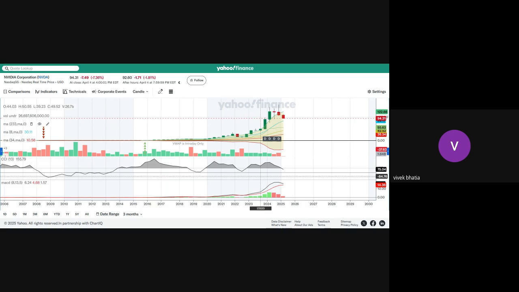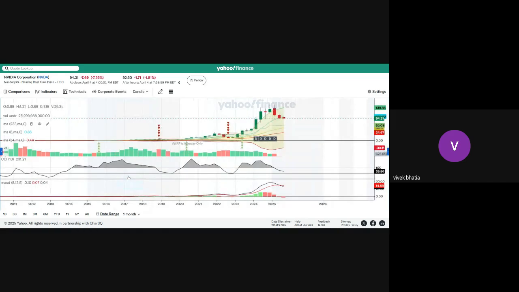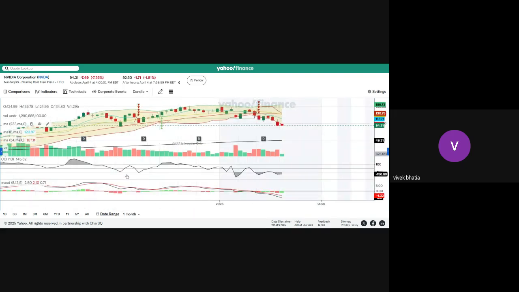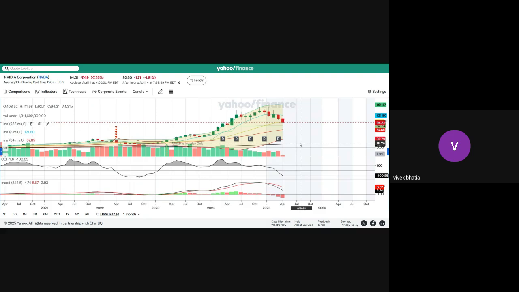Can you see the monthly chart now? And the weekly chart? Look at the MACD in the monthly chart, it just crossed over. The monthly chart MACD has just crossed into negative territory.